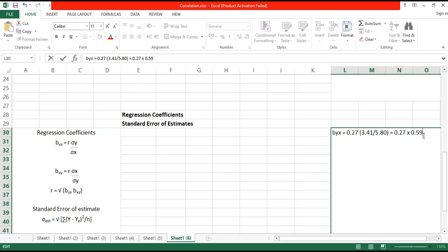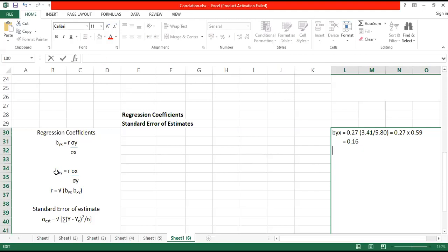Fine. So finally it is 0.27 into 0.59. So 0.16. That means the value of regression coefficient y on x, that is byx, is equal to 0.16.